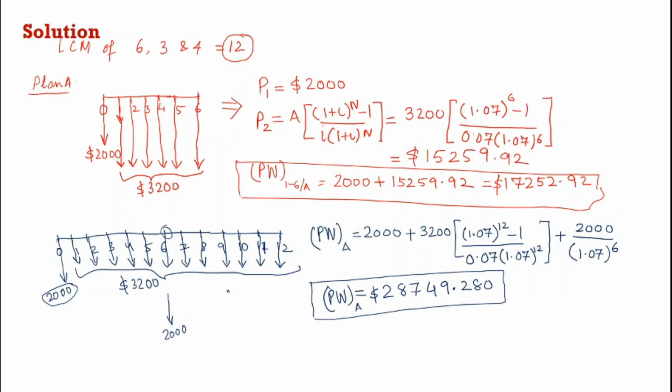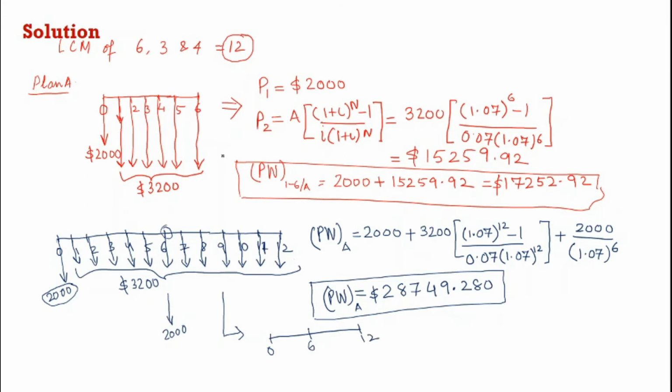Now if I look at this cash flow and I take into consideration this one, that is when I have calculated the present worth up to year 6, this cash flow can be redrawn, 0, 6, 12.